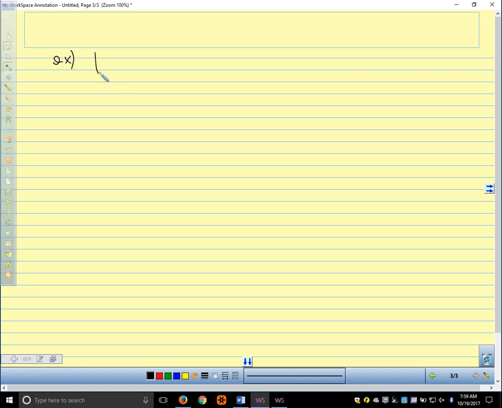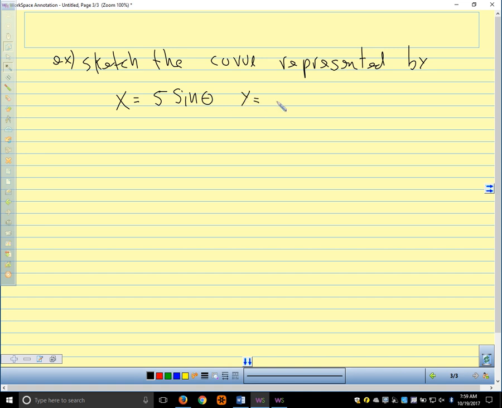So we want to sketch the curve represented by x equals 5 sine theta, y equals 3 cosine theta, from 0 less than or equal to theta less than or equal to 2 pi.